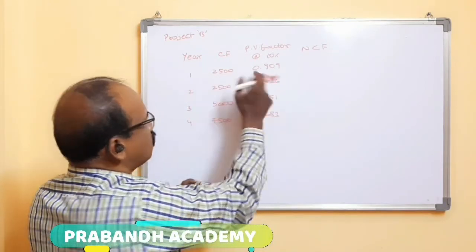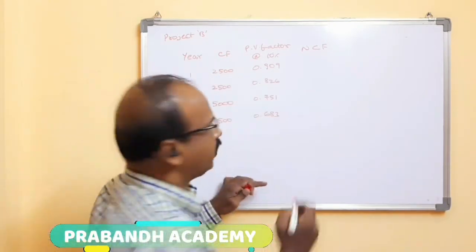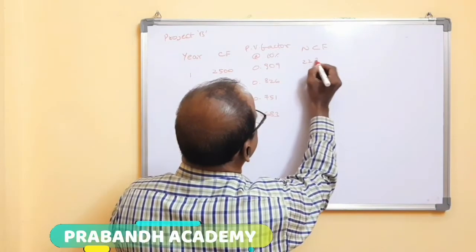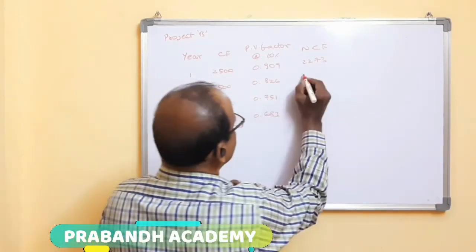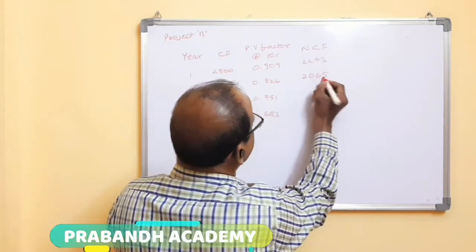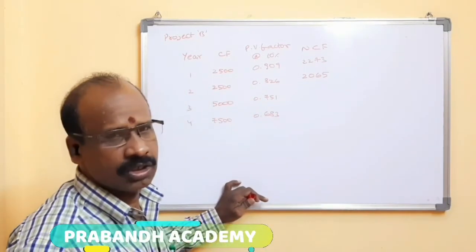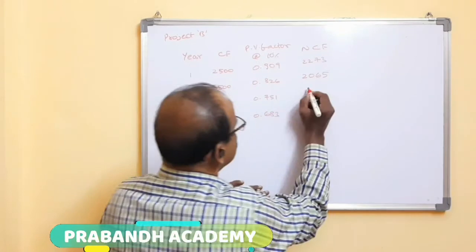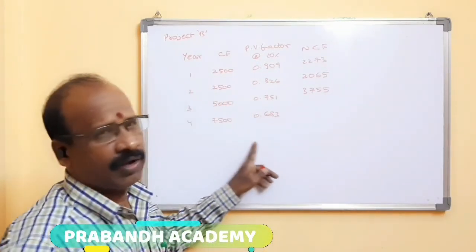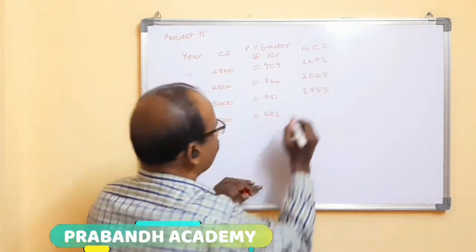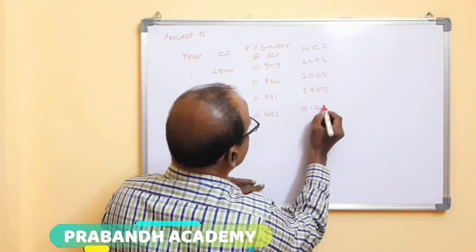Now we calculate 2,500 into 0.909, we get 2,273. 2,500 into 0.826, we get 2,065. 5,000 into 0.751, we get 3,755. 7,500 into 0.683, we get 5,123.